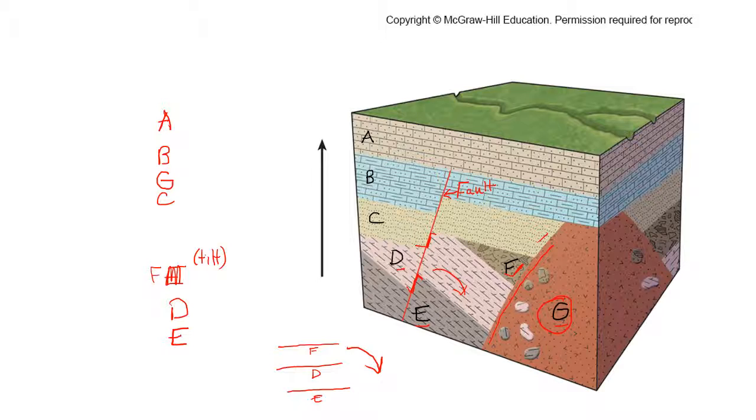It had to be after C because C was affected by it. But what about B? The fault line ends at the top of B, but it does not enter into A. So B had to be present when the fault moved, but A was not. And so our fault happened in between B and A.